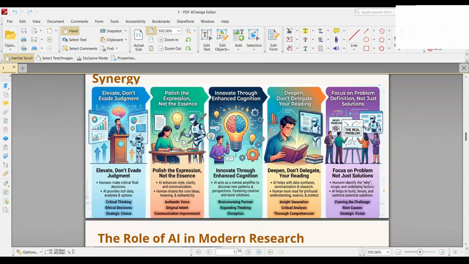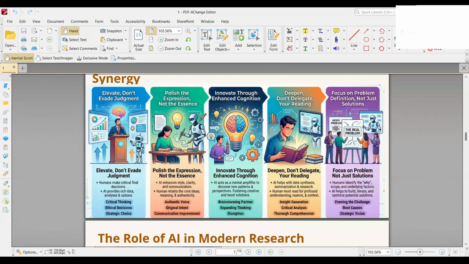Just think about this: using AI to refine your writing ensures that your communication remains polished, but the underlying intent, voice, and personal connections continue to originate from you.